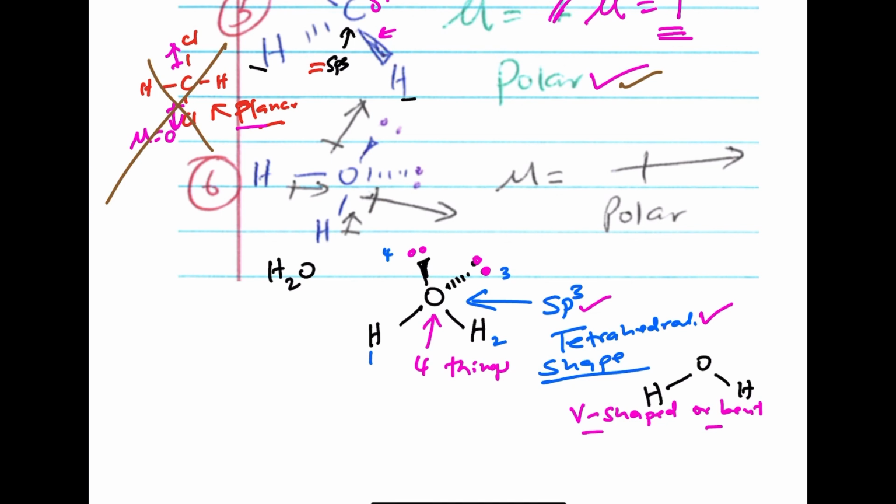Now the hydrogen-oxygen bond is polar, where oxygen will be partial negative, so you end up drawing the arrow towards oxygen like that, and the same thing with this other hydrogen, the arrow towards oxygen. The arrowhead points to the partial negative, to the more electronegative atom. So oxygen is more electronegative than hydrogen in the periodic table.